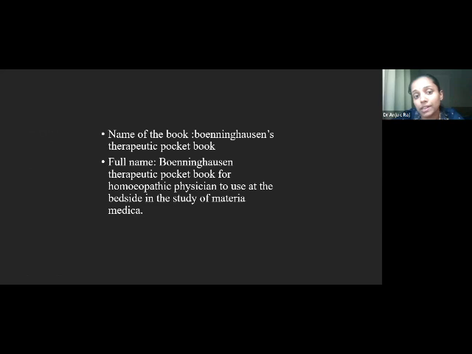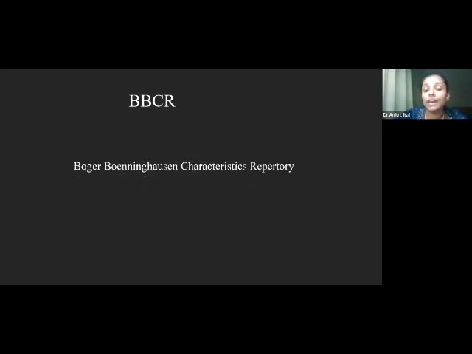Its full name is Boenninghausen's Therapeutic Pocketbook for homeopathic physicians to use at the bedside and in the study of materia medica. Sometimes we have to study this also. Some options will be like this, and we have to identify it. So go through the full name. Next, BBCR, the full name is Boenninghausen's Characteristics and Repertory.